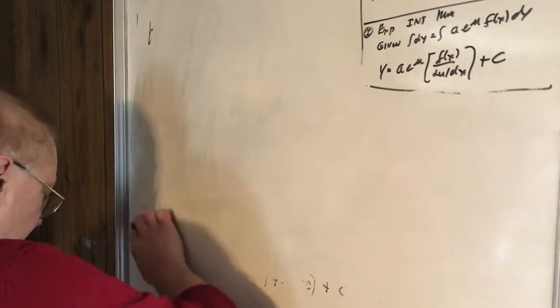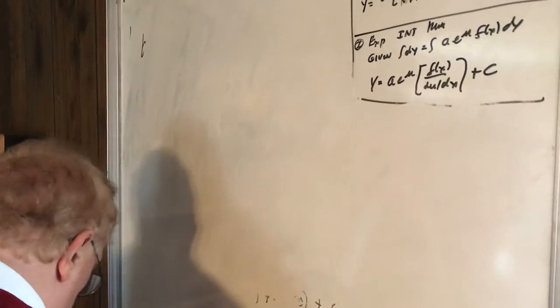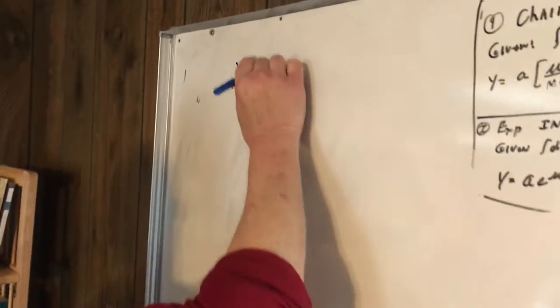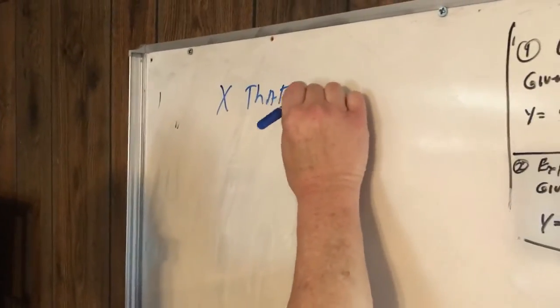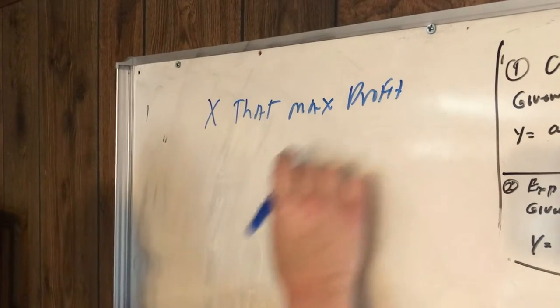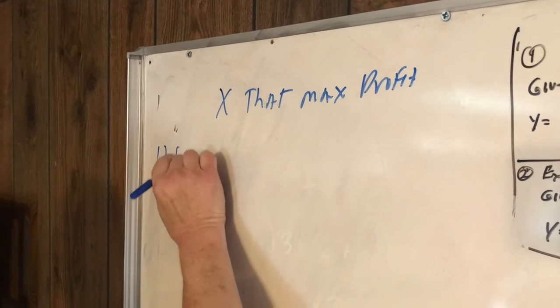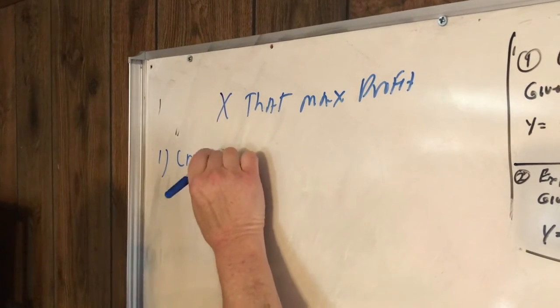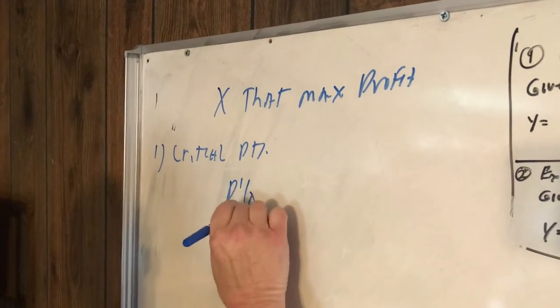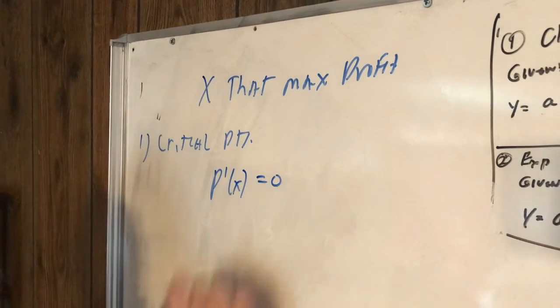Once again, I'll leave it a little bit on the board. So, find x that maximizes profit. First, you find the critical points. Set your derivative equal to 0.